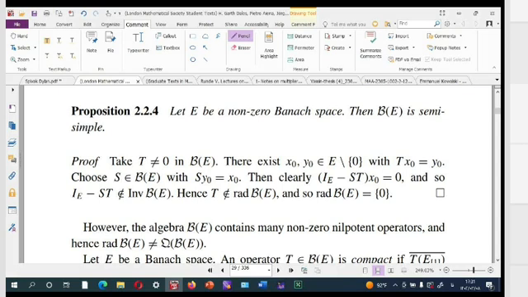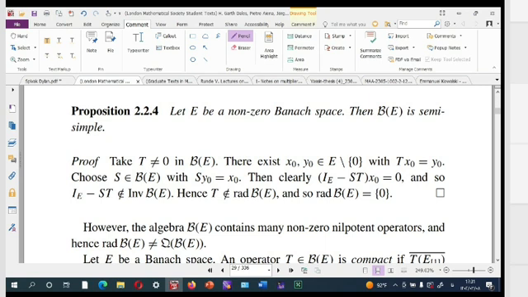Okay. Let E be a non-zero Banach space, then B of E is semi-simple. Proof. Take T a non-zero element in B of E. Then there exists x0 and y0 in E minus 0 with this property. We proved this, okay? Now choose another element S of B of E with this property.